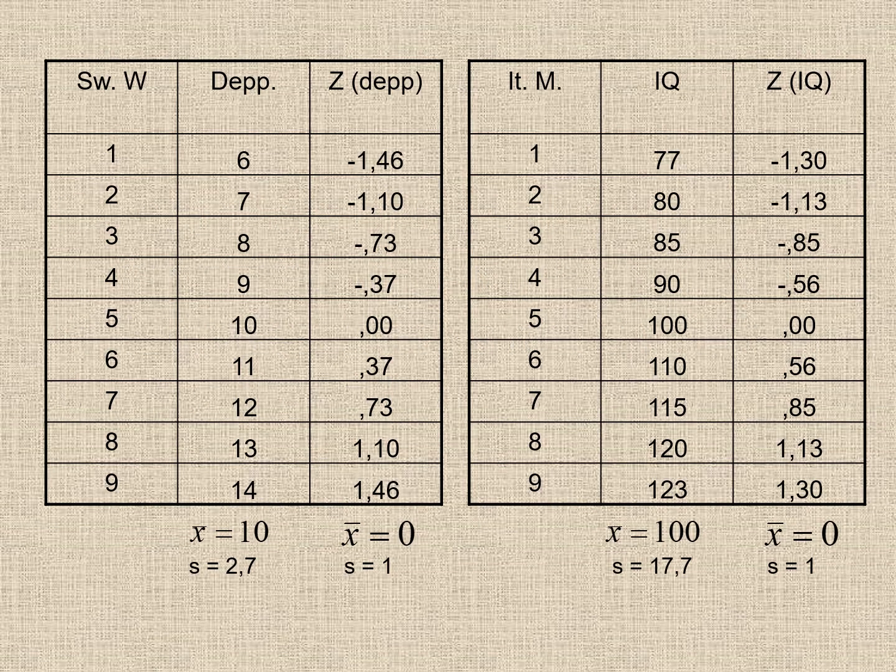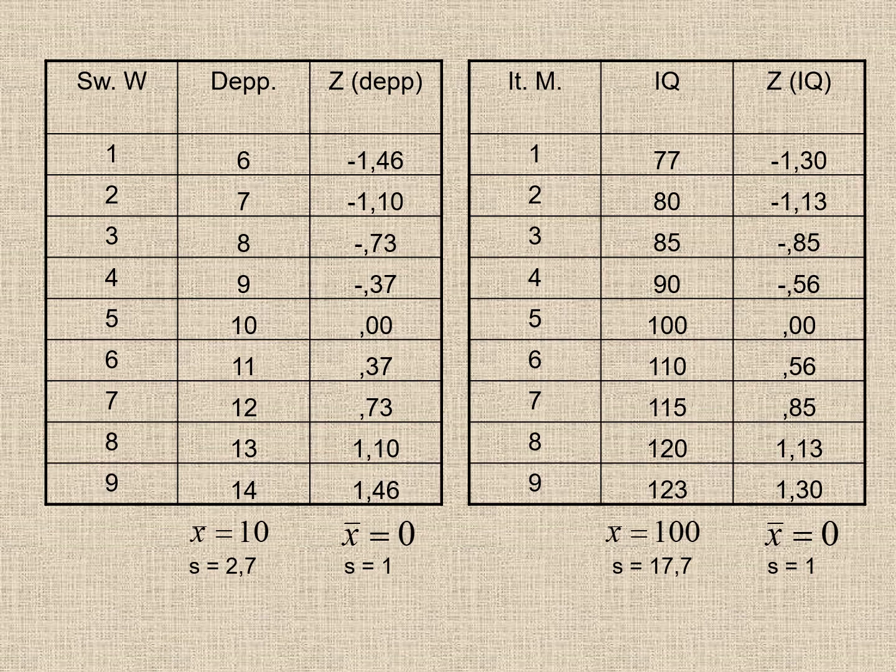As an example, in the table to the left, we have measured the degree of depression for 9 Swedish women, and we get a range from 6 to 14 with a sample mean of 10 and a sample standard deviation of 2.7. So imagine now that we transform each of these values to a zeta score.